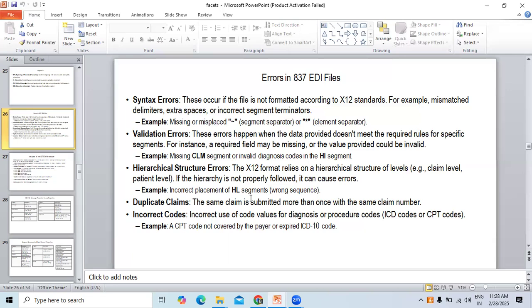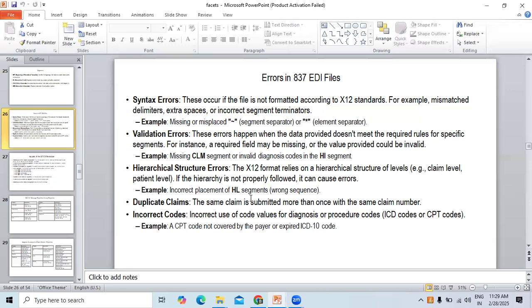Now, what will syntax errors generally be? Write down. These are the errors that occur when the claim submission file is not formatted according to the X12 standards.